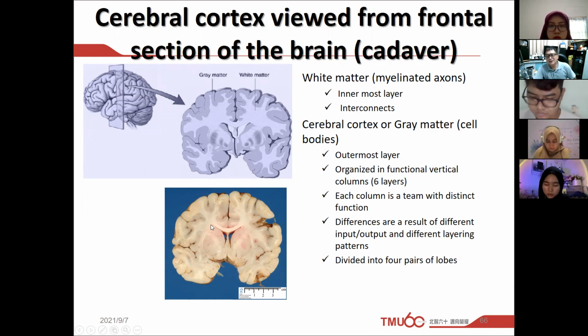In other words, it suggests different functions. The white matter has a lot of axons, and the gray part has a lot of cell bodies and dendrites. So the white part will connect to each other.